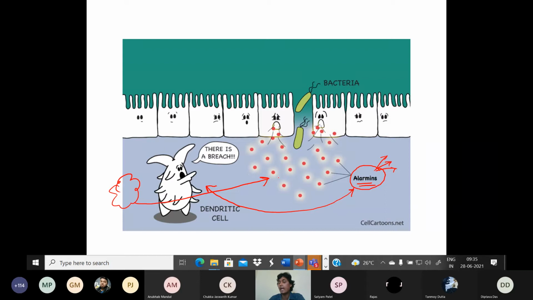That means something happened there, some problem happened there. So now dendritic cell is coming there to fix the problem. What is the problem? Bacteria coming inside because of this wound, because of this broken skin. So the job of this dendritic cell is to engulf, eat this bacteria and kill that.